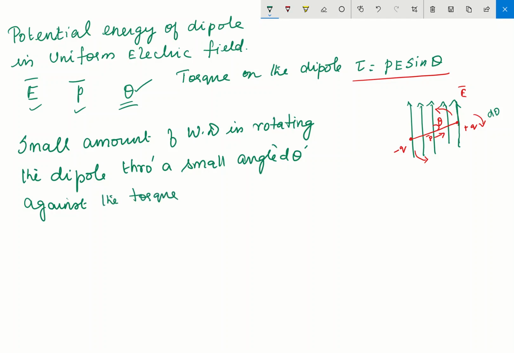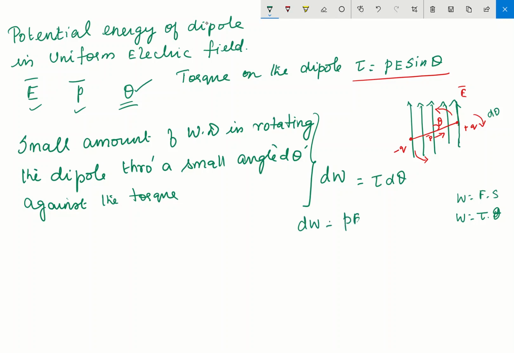Because the torque acts in the anti-clockwise direction, I want to move the dipole in the clockwise direction through an angle d theta. That small amount of work done is dW. If it is linear motion, work done is F into S, but in rotational motion, it is tau into theta. Therefore, here dW equals tau into d theta.